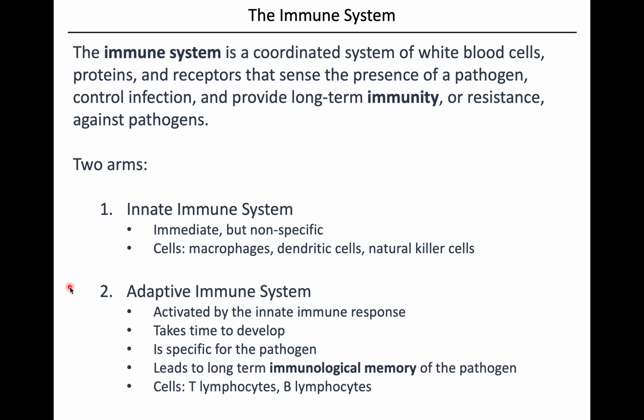So you can get immunological memory, production of antibodies that are going to potentially allow you to recognize that pathogen for weeks or months or years, depending on the particular instance. And the adaptive immune system primarily revolves around T cells and B cells.